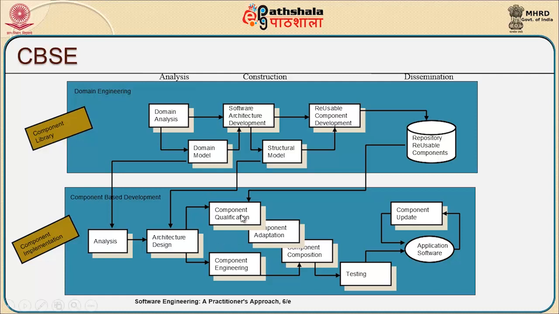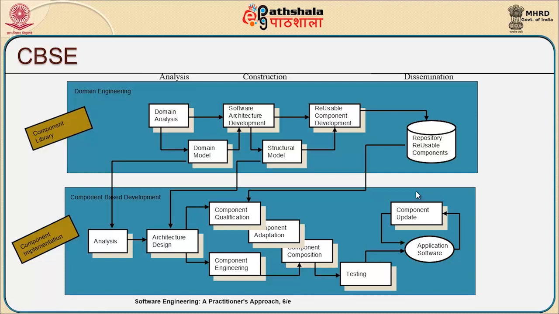We have component qualification, component engineering, and component composition and adaptation, which is given for testing for a specific application software, and any updates required can be made only to those specific components for reuse.